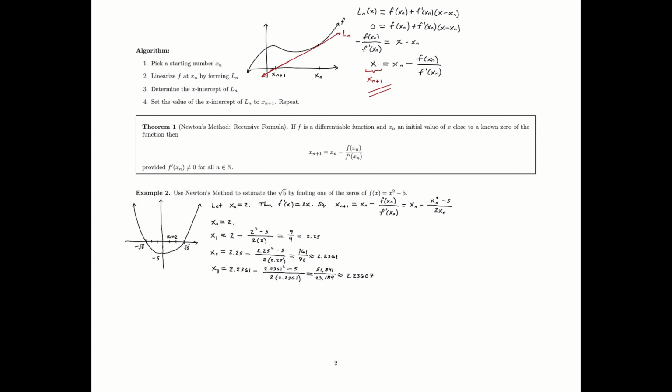And then you get the idea. We just keep going. So this would be 2.23607 minus 2.23607 squared minus 5 all over 2 times 2.23607. This, as a fraction, is ridiculous. I'm not even going to write it for you.